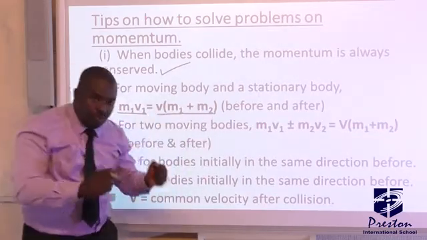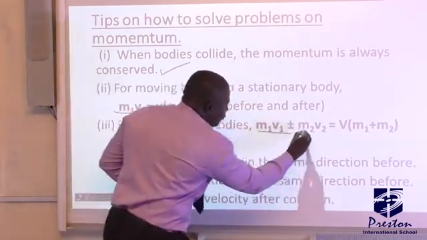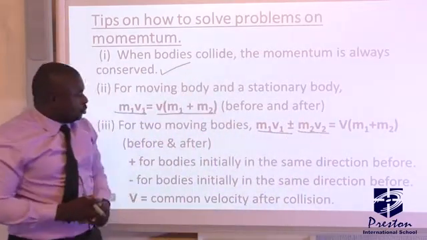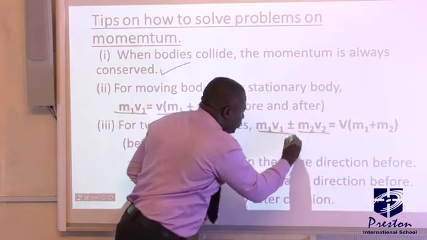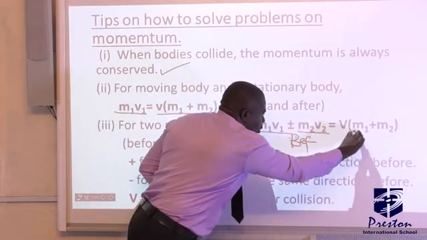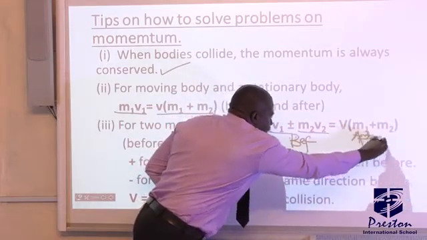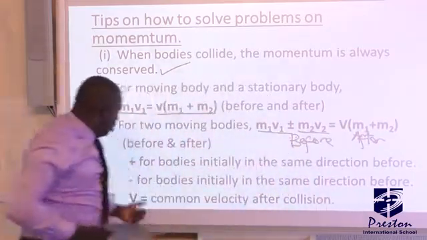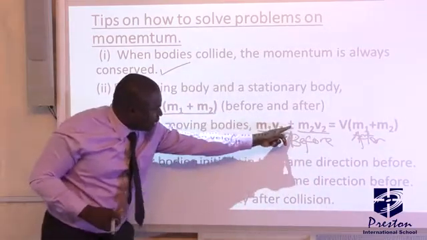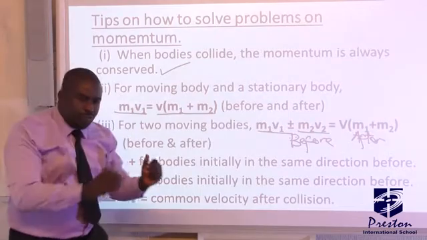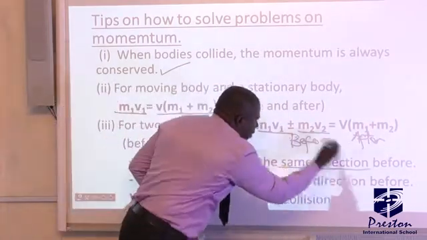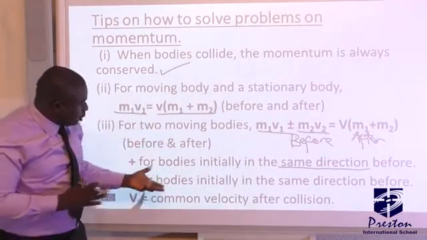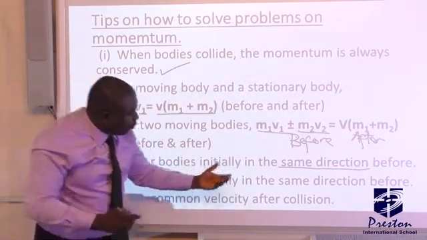For two bodies moving, we can say M1 V1 plus M2 V2 equals (M1 plus M2) V, this side before and this side after. Now, the plus sign means the two bodies are initially moving in the same direction, and the negative sign means the two bodies are moving in what? In opposite directions.